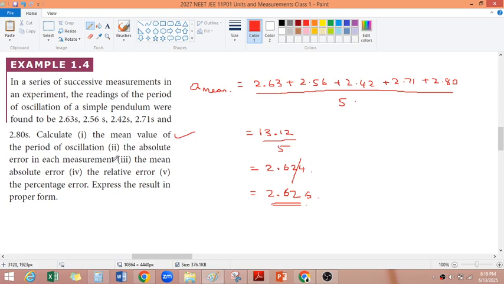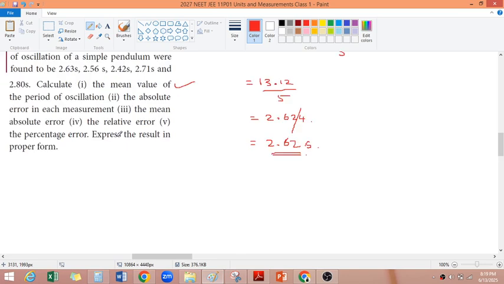Absolute error in each measurement. So that means absolute error means delta A1, delta A2. So like that you have to calculate for each one. So delta A is equal to A mean minus A i. Then you have to take the plus or minus, it doesn't matter. So that means we take it as a modulus.